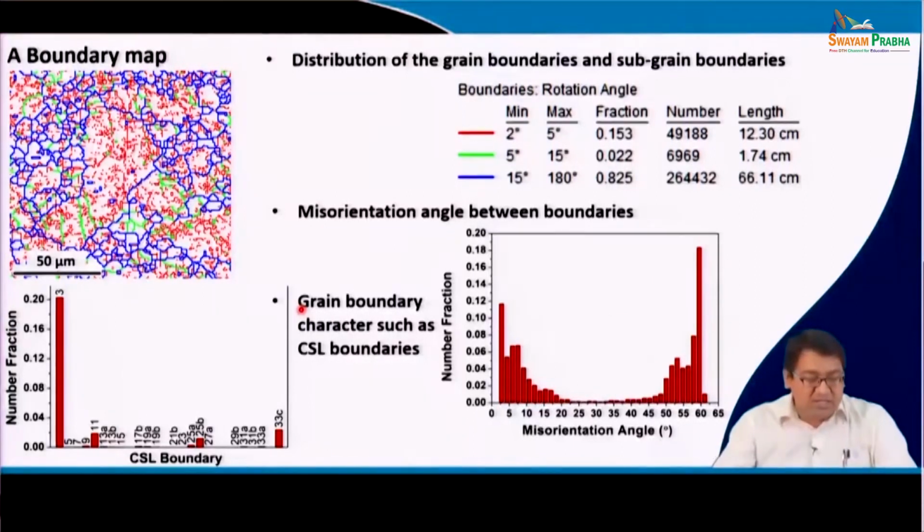We can see that there is a large presence of sigma 3 boundaries, and then there is the presence of sigma 11, sigma 25 b and sigma 33 c boundaries for that material. And this is done over a steel sample. So, we can get much more in-depth information about the quantitative microscopy by this method.